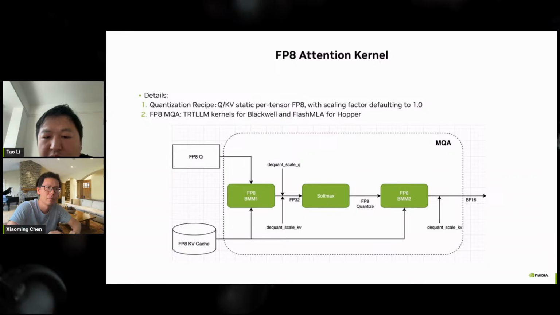And then do BMM2 using FP8 tensor cores. And then we finally dequantize the output to BF16. For the FP8 MQA, we are using our TensorRT-LLM developed kernels for Blackwell, and we use the community-contributed FlashMLA for Hopper.